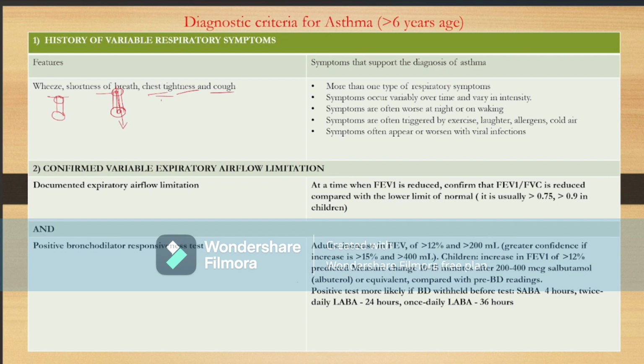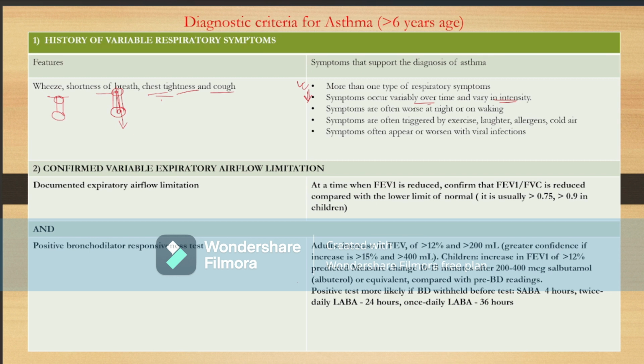So if more than one type of respiratory symptom is present, then we go on to ask whether the symptoms vary with time or in intensity. What do you mean by varying with time or intensity?